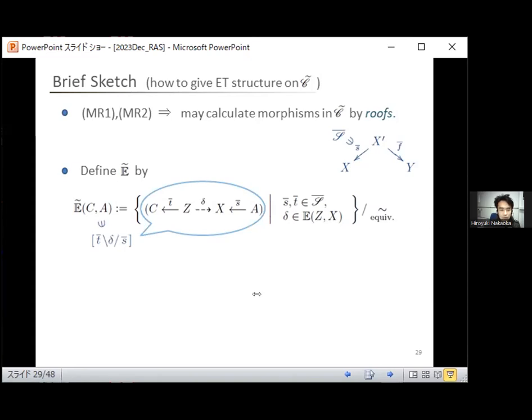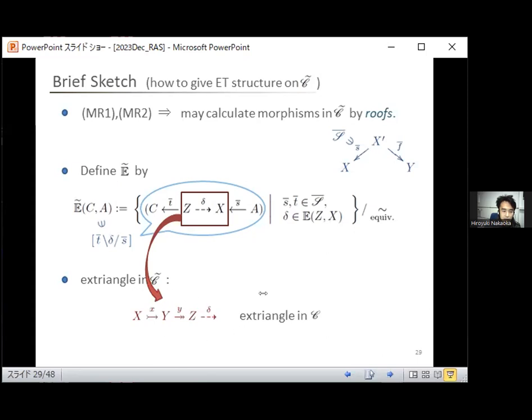And now we want to associate an X triangle to such an element t bar delta s bar. Well, since C is an ET category, we have an X triangle in C associated to the delta in the middle.